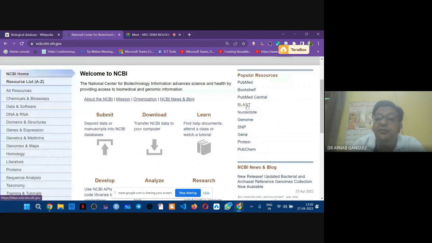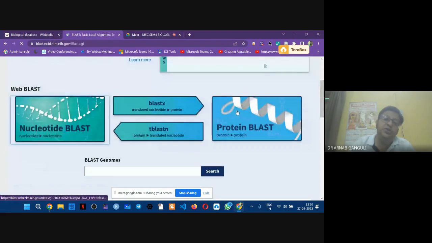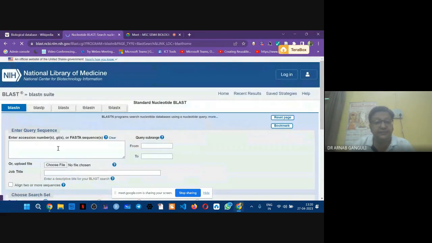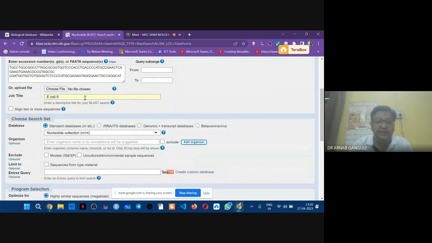You find the resource for BLAST. You are blasting the nucleotide, so you do the nucleotide BLAST. You paste the sequence here, the E. coli 5S RNA sequence. You paste it over here.